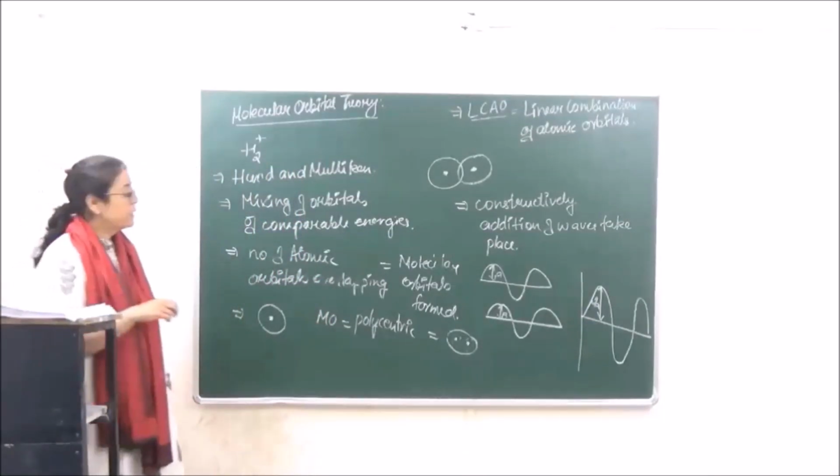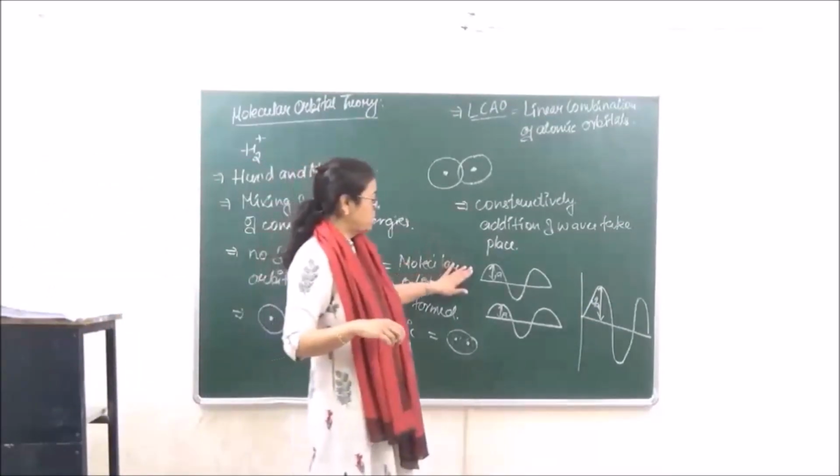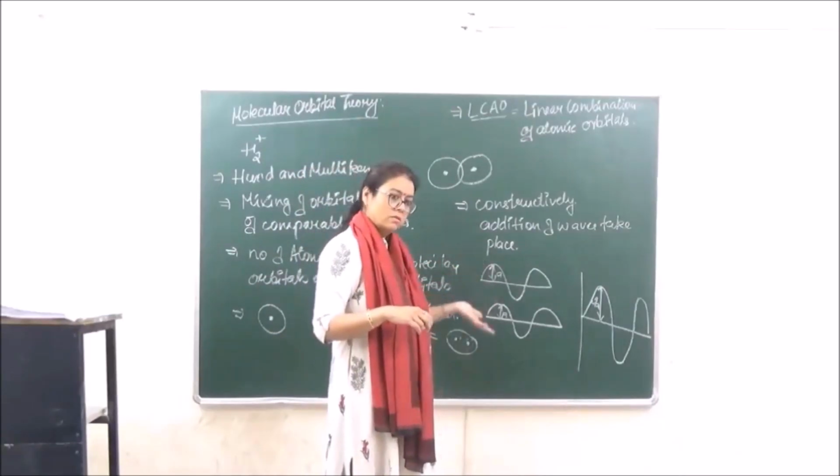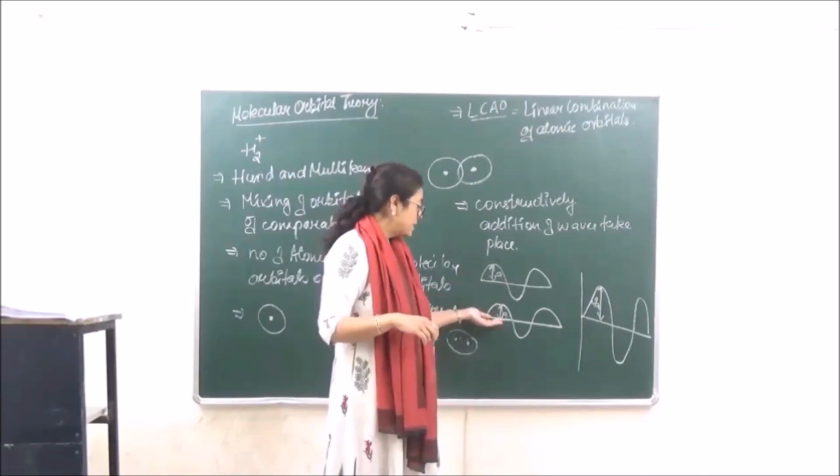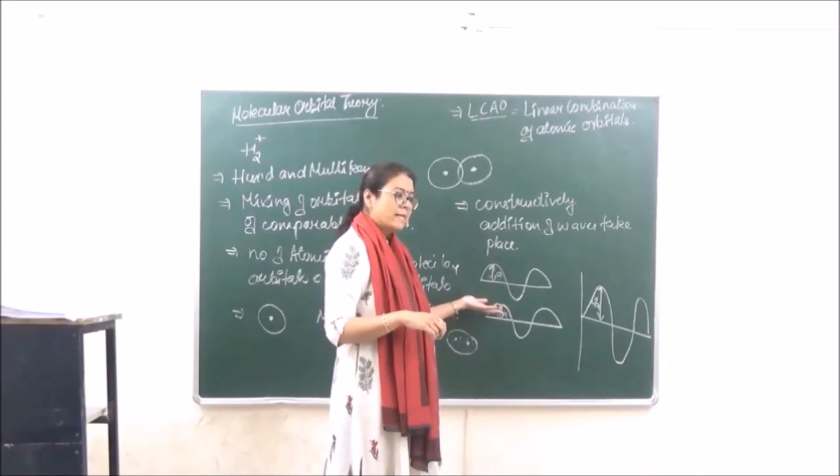Okay. Now over here you can see that in the first wave, crest is coming as a crest. In the second one also the first wave is coming as a crest.